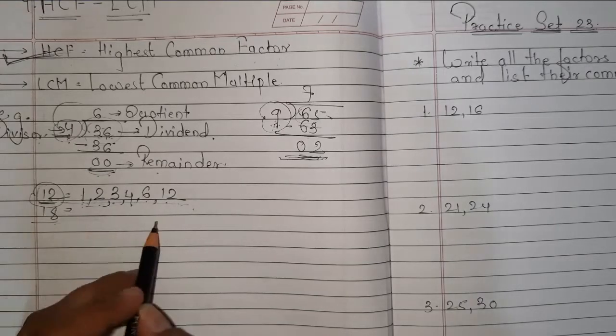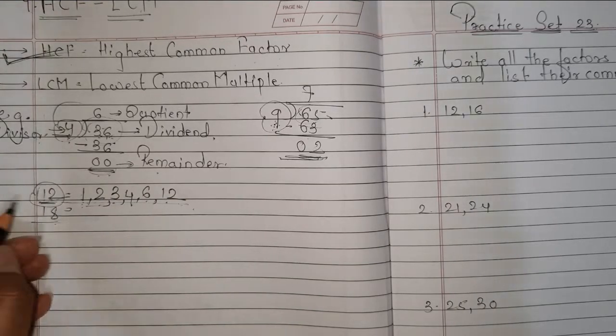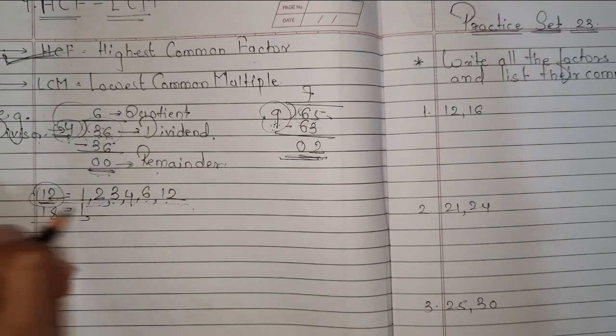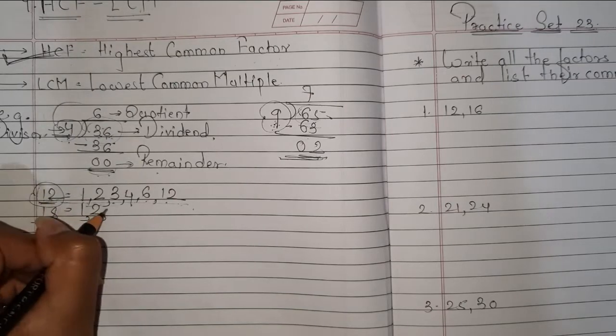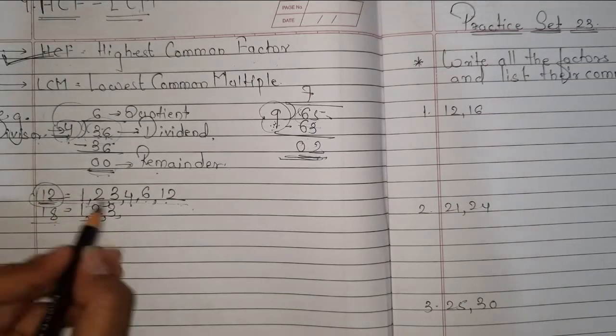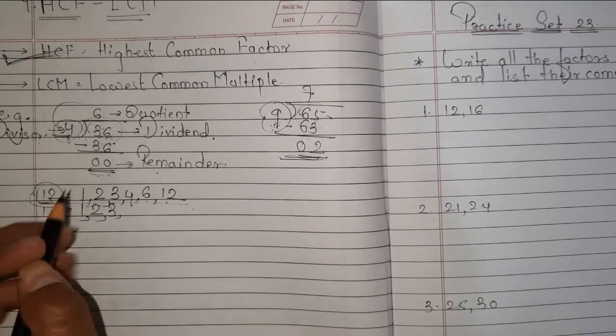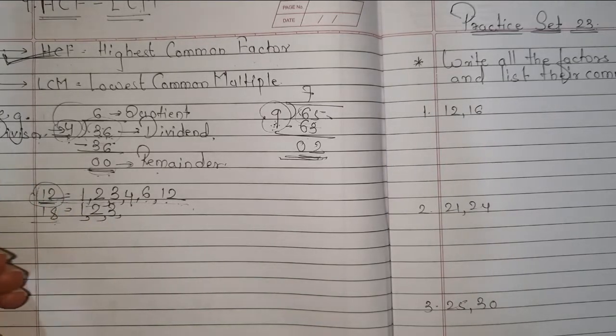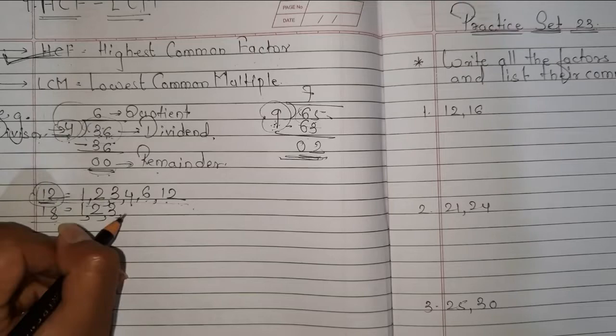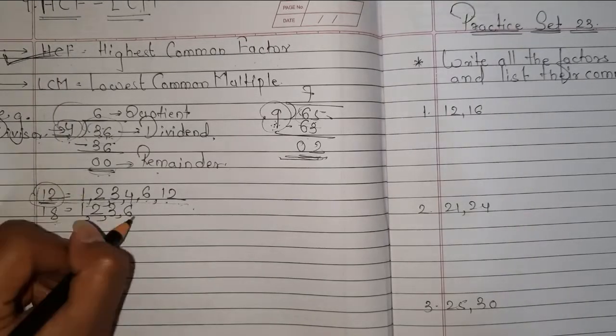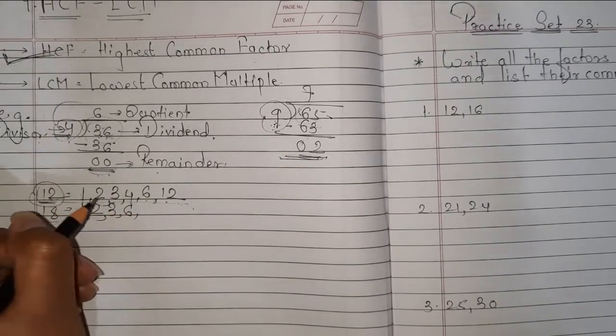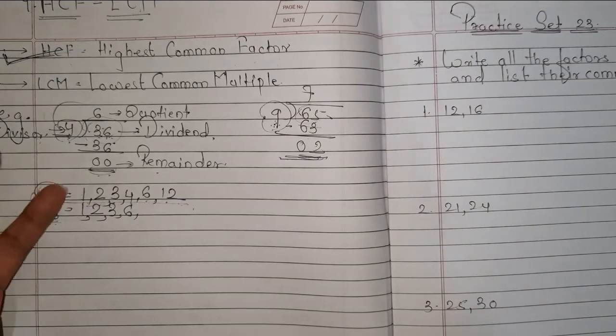Similarly, now let us write the factors of 18. 1 18 is 18, 2 9s are 18, 3 6s are 18. No, 18 is not a multiple of 4 or 5. Then 6 3s are 18, then not in the table of 7 and 8.